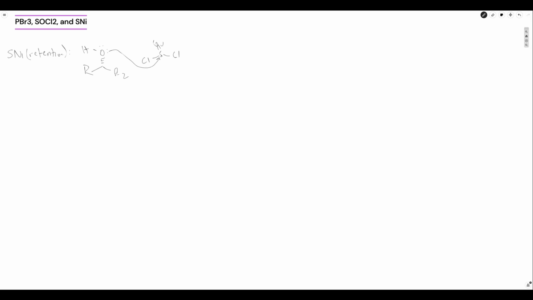First step, of course, is this. Next, the S=O double bond is reformed, displacing a chloride, and we get this key intermediate.